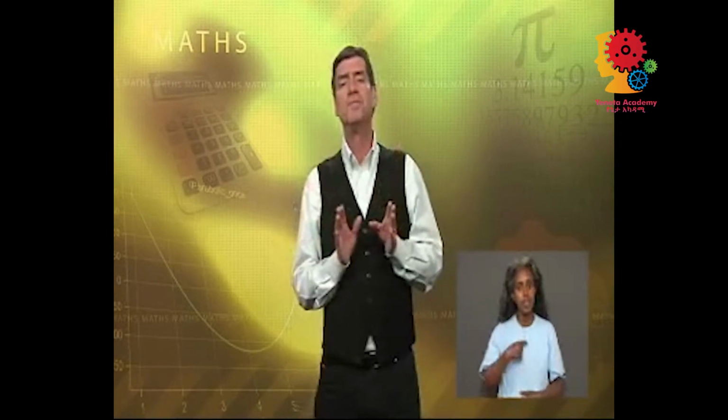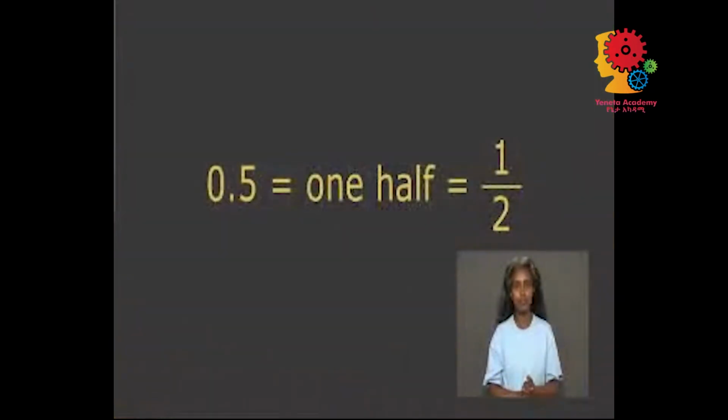I am sure that you are all familiar with decimal numbers. If you see the number 0.5, you know that this means 1/2. A half can also be expressed as a fraction, 1/2.